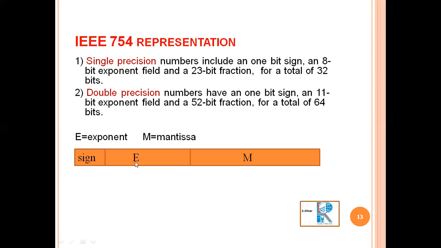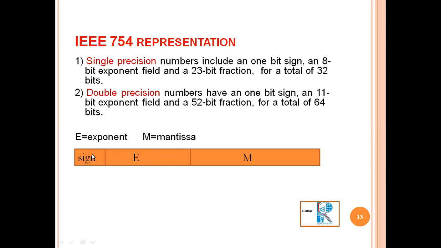Then comes the exponent. Single precision uses an 8-bit exponent, which means the number of bits here will be 8. Clear? Then comes the mantissa part. The mantissa part is a 23-bit fraction, which means here m will be 23 bits. So what is the IEEE 754 single precision?